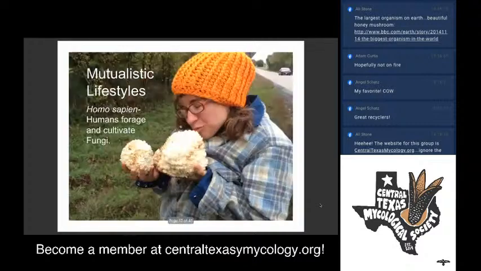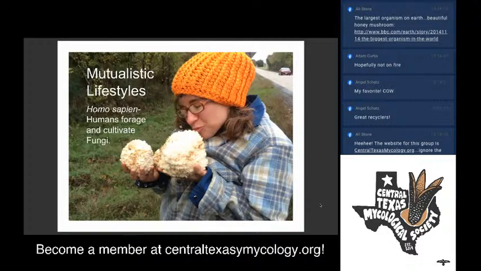And like I said, humans have this mutualistic relationship with fungi because we cultivate them and hunt them. This is Allie holding a couple of lion's mane that we found outside of Bryan College Station, Texas, in December, I guess, like 4 years ago now.